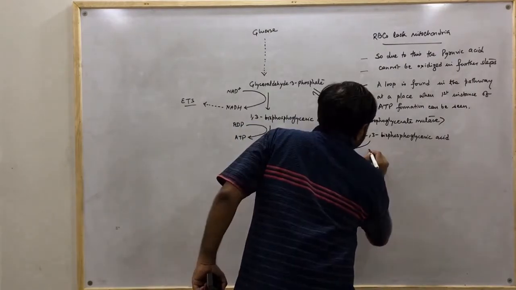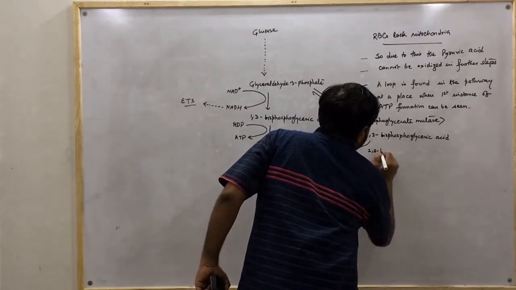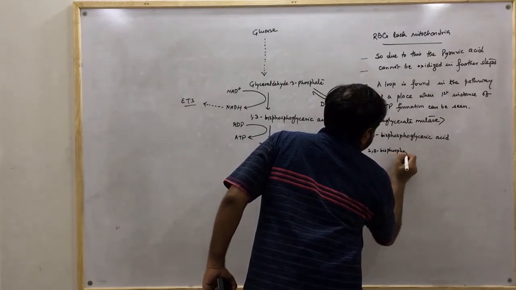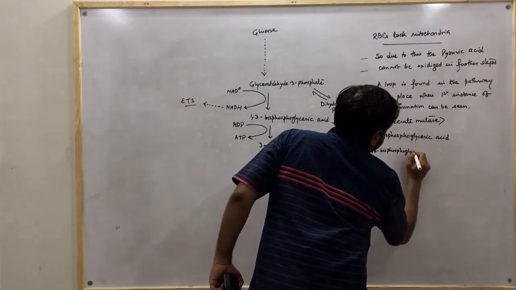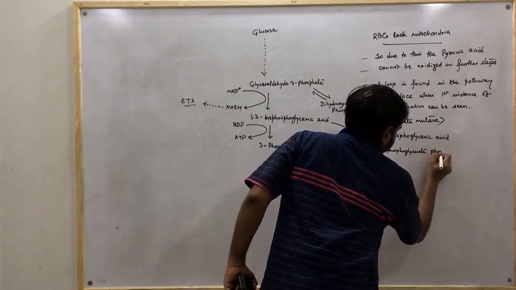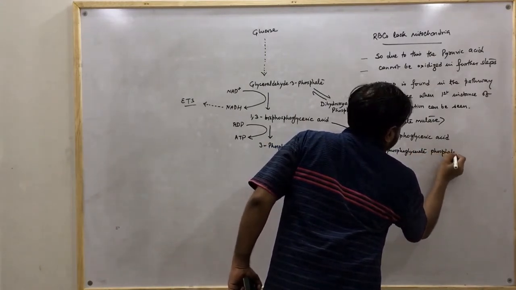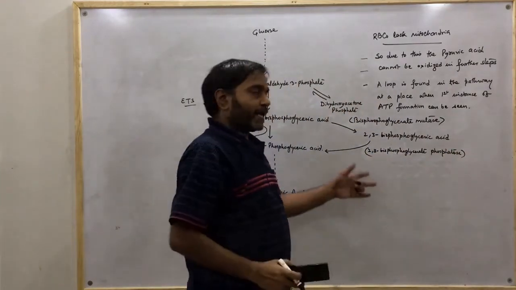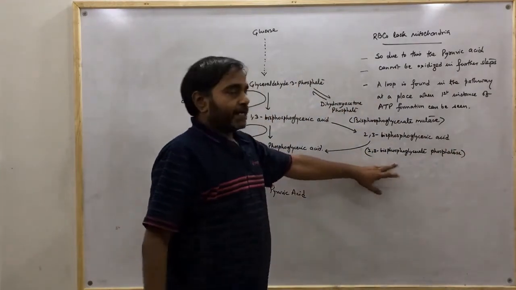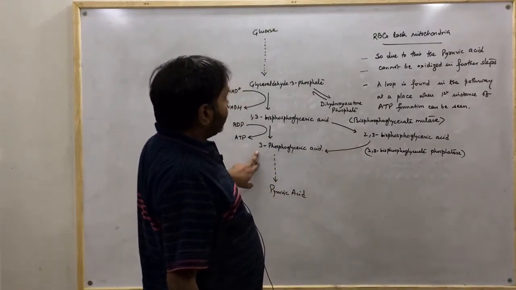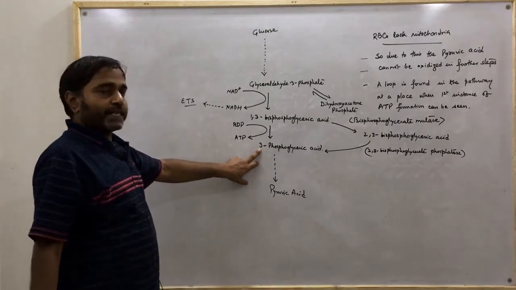The name will be 2,3-bisphosphoglycerate phosphatase. Here also I am putting the bracket so that it will be clear, and here the conversion occurs and it will form 3-phosphoglyceric acid.